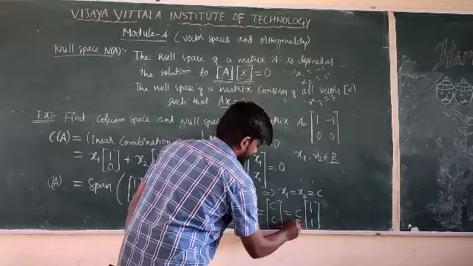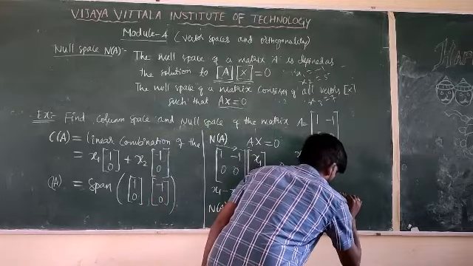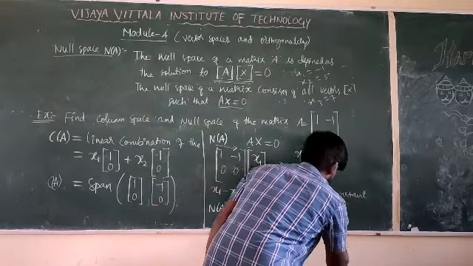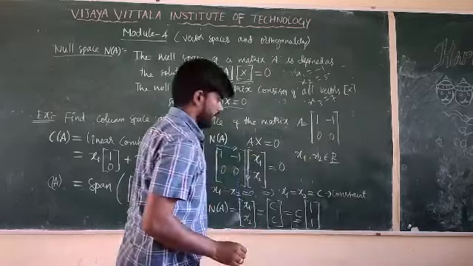Here c is some constant. This is the null space for the given matrix.